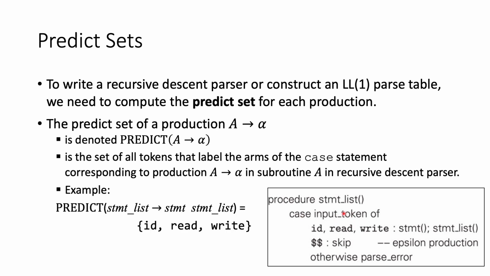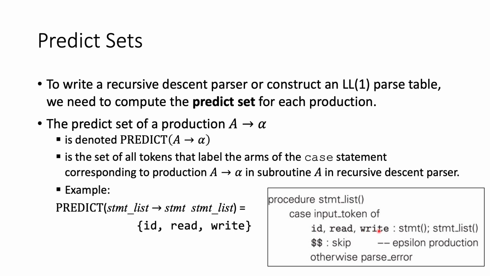For example, the predict set of the production stmt list to stmt list consists of 3 tokens: ID, read, and write, because these tokens produce this production in the subroutines for stmt list.